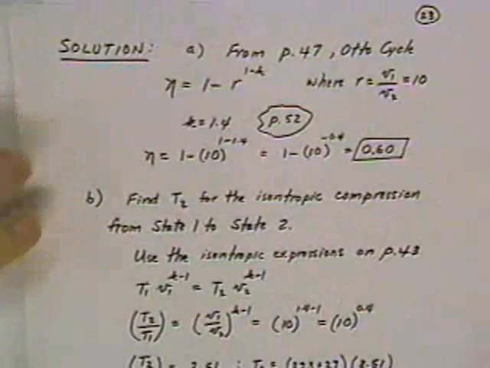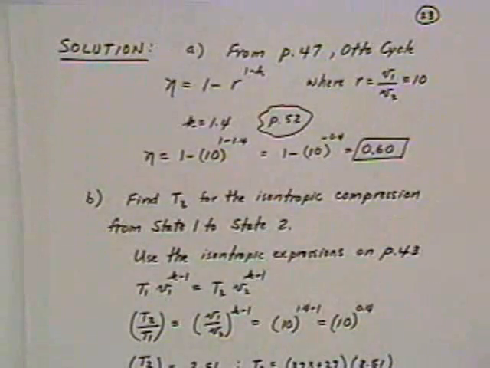If you go to page 47 in the reference manual, you see the Otto cycle is given there, where the efficiency is equal to 1 minus R to the 1 minus K power, and R is the ratio of V1 over V2, which in our case is given as 10. K is 1.4.